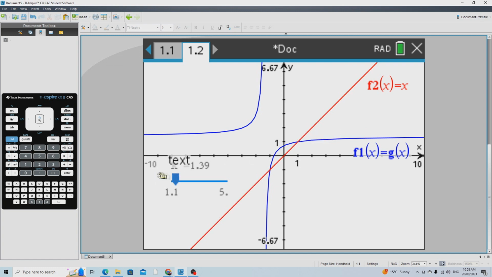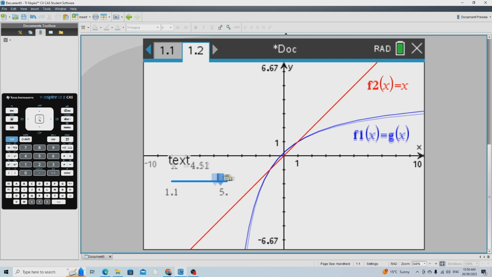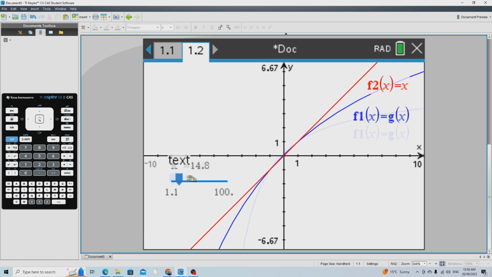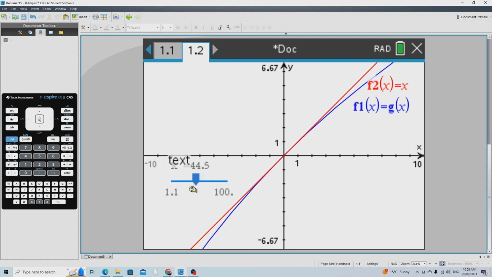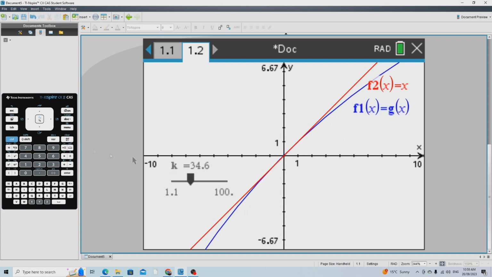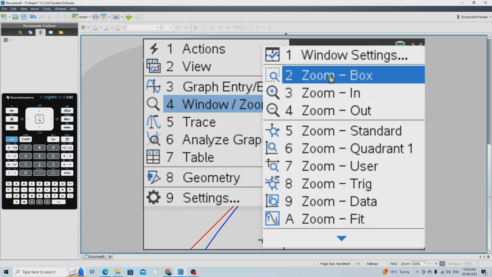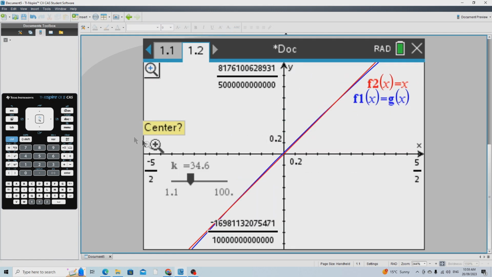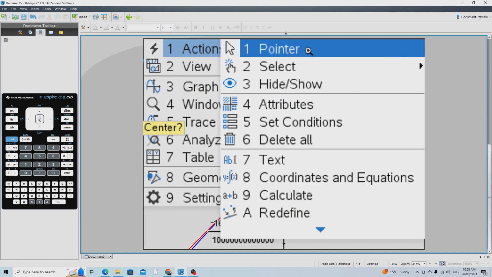So, what do we know? Of course, the area is going to be greater than 0. If we put this to, let's say, 100, you can see that there will always be an enclosed area, though you may not even see it. If we zoom in, have a look at this.